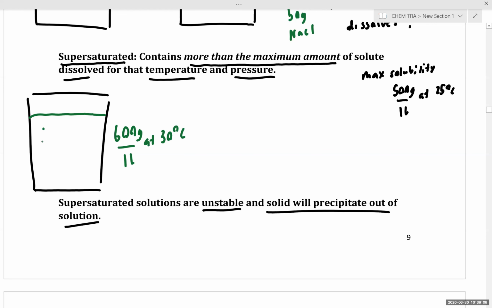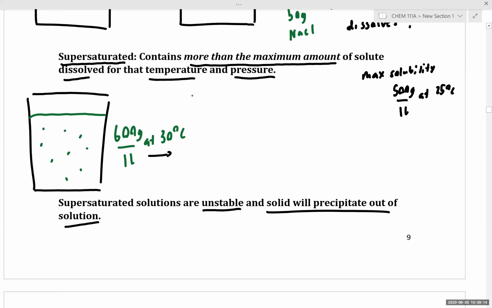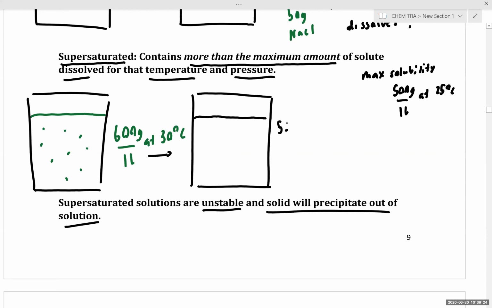Okay, so we have a lot of solute dissolved. Now we allow our solution to cool, and we've done something that seems a bit counterintuitive at first glance. We now have a solution where we have 500 grams per 1 liter at 25 degrees Celsius. This is known as supersaturated.